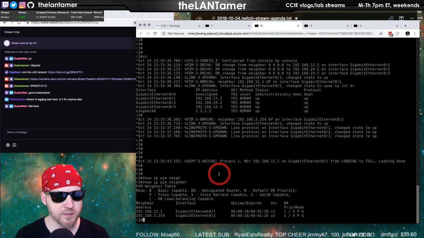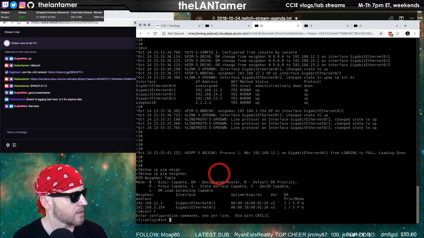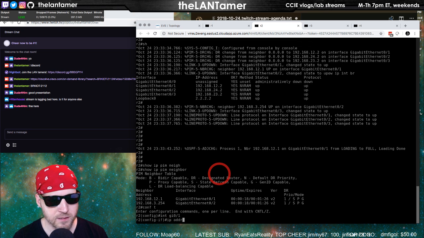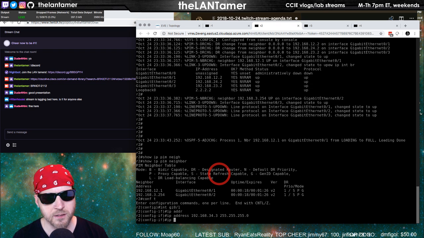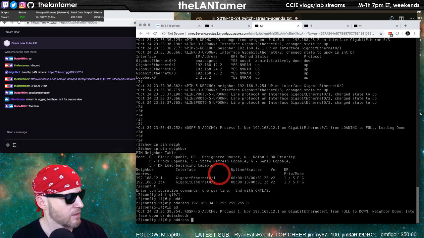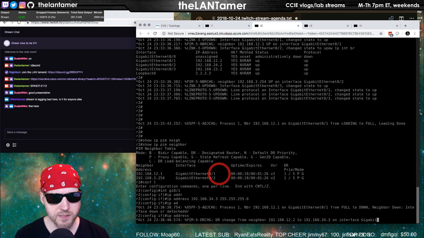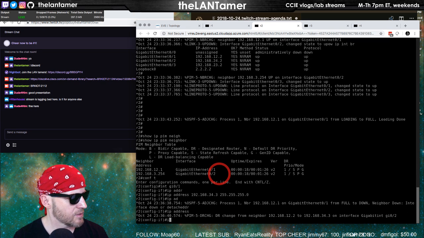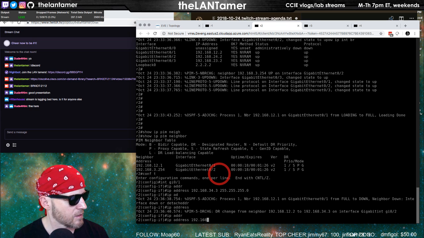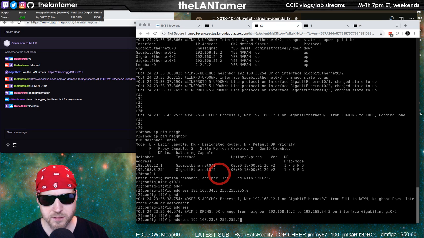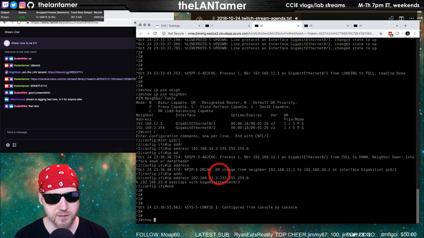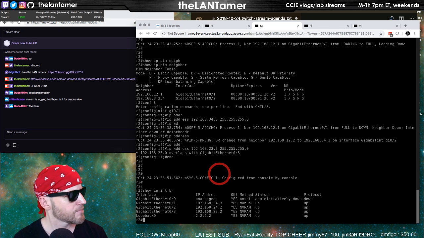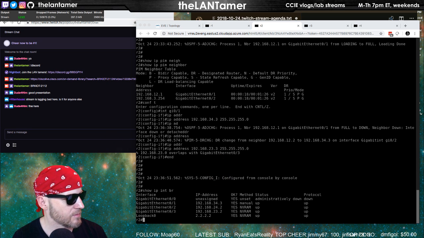Oh, yeah, that's wrong. That's why. 192.168.34.3. Let's see. Interface Gi0/2. Yeah, something is wrong here. Show IP interface brief. Oh, that's router. Shoot. Did it wrong.